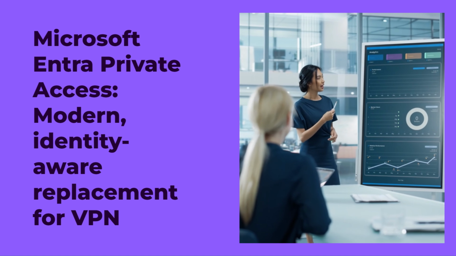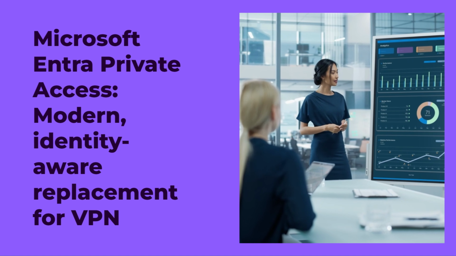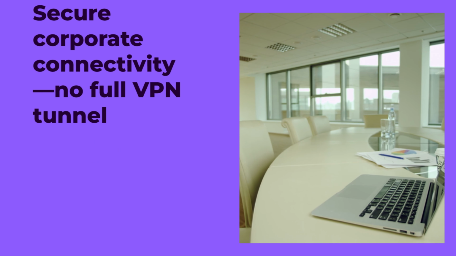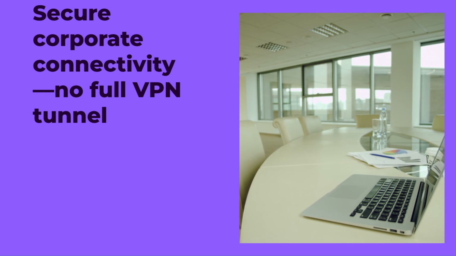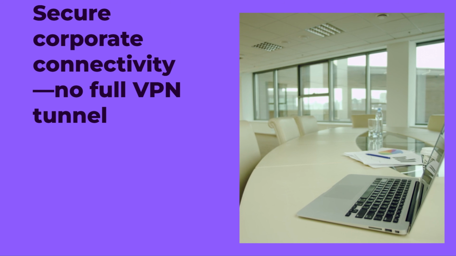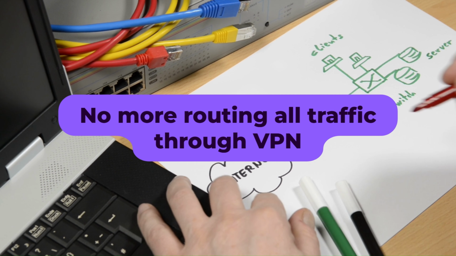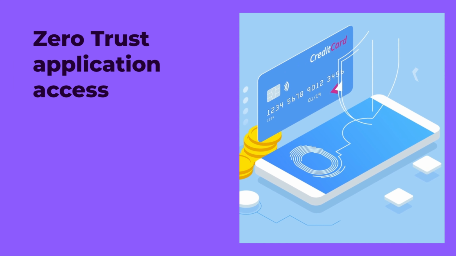Let's discuss now Microsoft Entra Private Access, a modern, identity-aware replacement for VPN. Private Access provides secure connectivity to internal corporate resources, apps, servers, file shares, without requiring a full VPN tunnel. No more routing every packet through bloated pipelines just to reach a single internal app. Here's how it works.